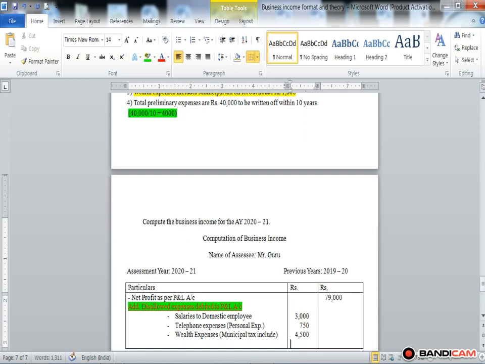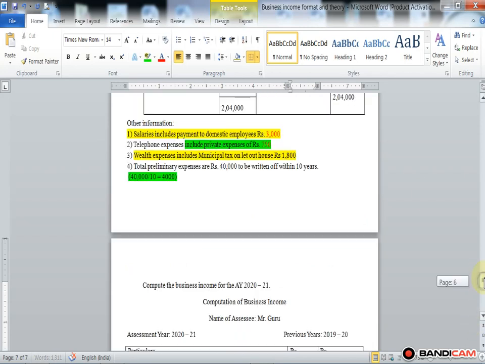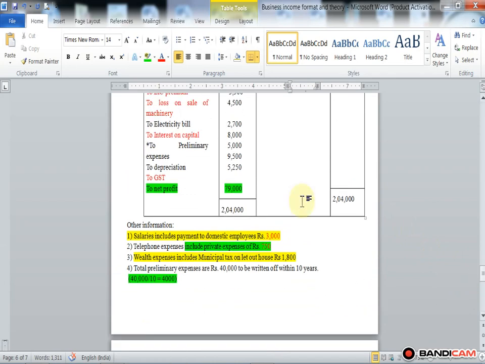Okay, then preliminary expenses. Okay, so excess preliminary expenses. Every year Mr. Guru can write off only 4,000 as preliminary expense, but he wrote off 5,000 as preliminary expenses.